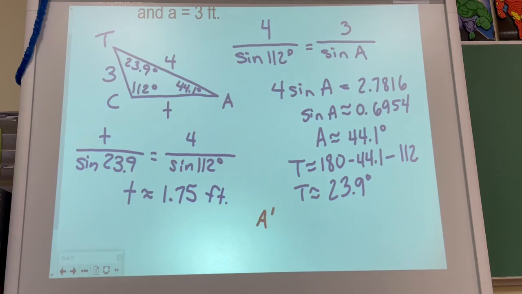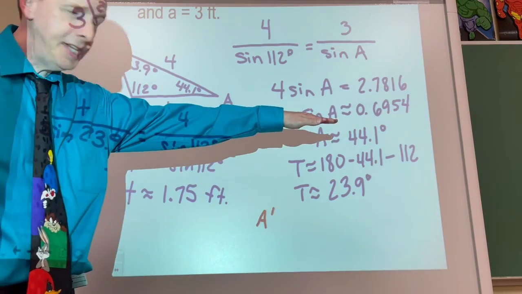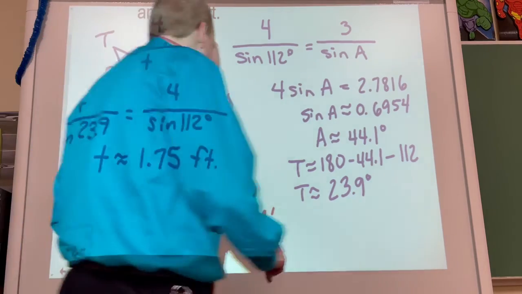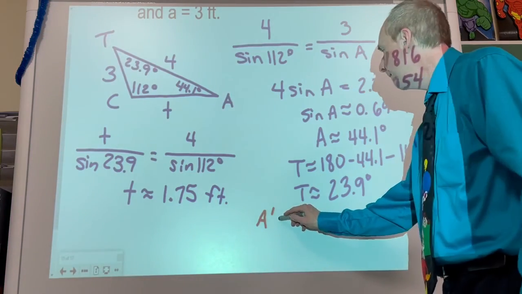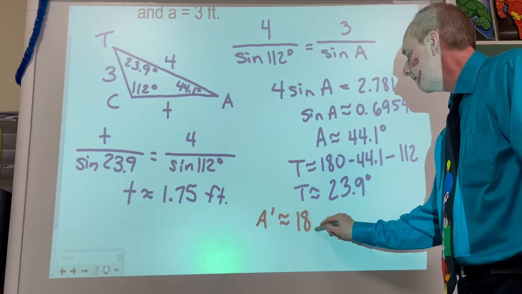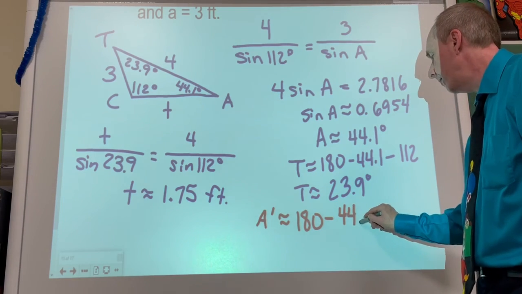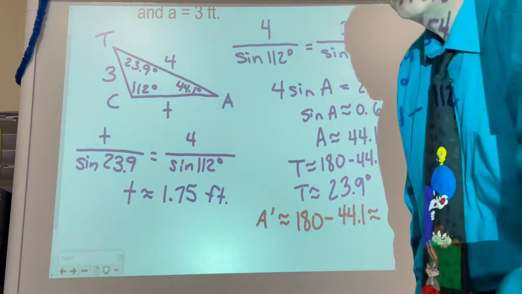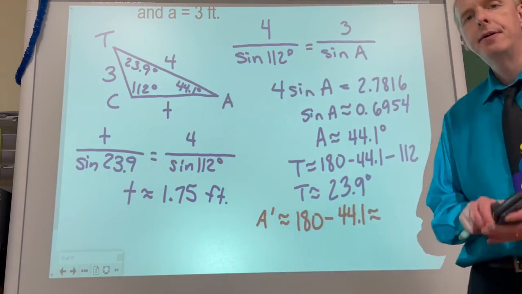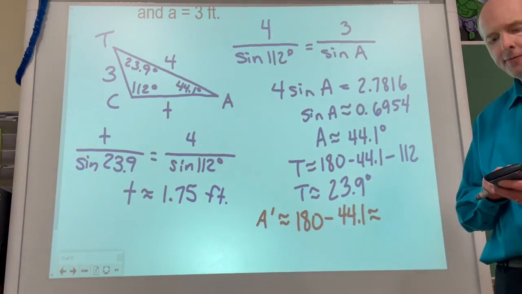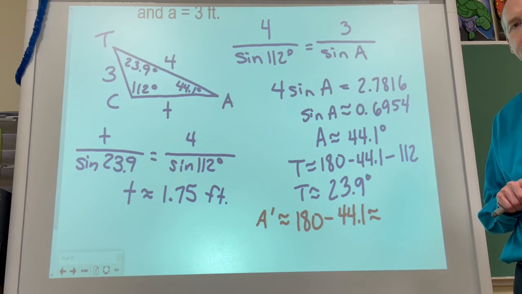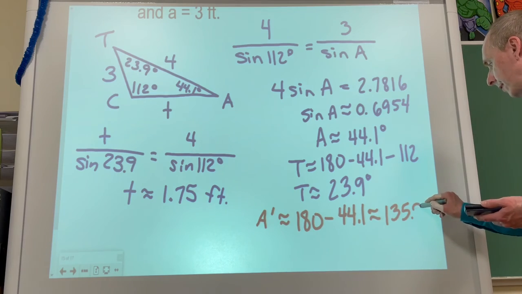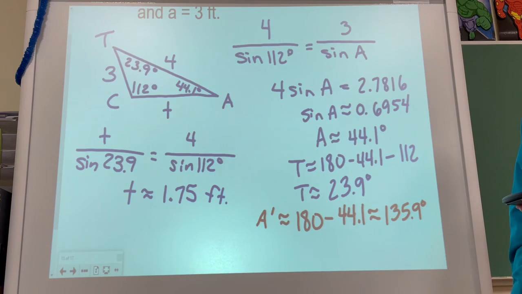Well, because this is in quadrant 1, I would take 180 minus 44.1, and my A prime would then be 135.9 degrees.